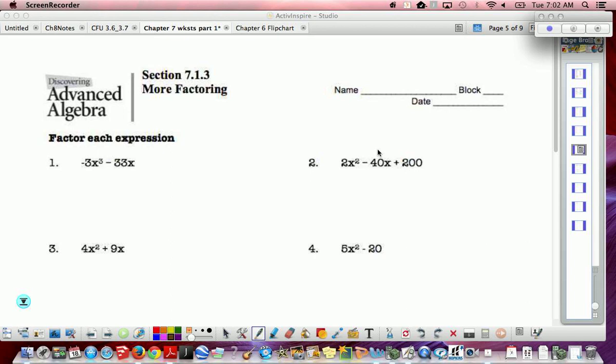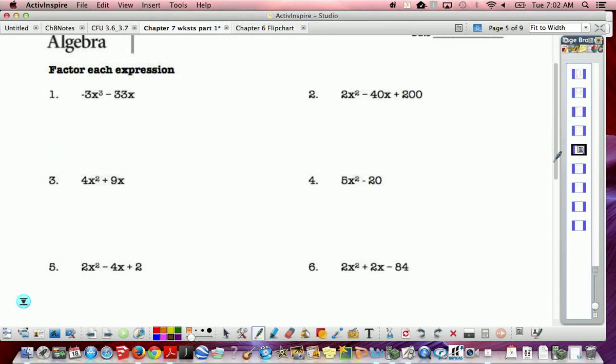Look at your 7.1.3 worksheet, doing more problems on factoring. Now this has kind of a combination of what we were doing yesterday along with factoring out some greatest common factor. So you look for what all the terms might have in common.